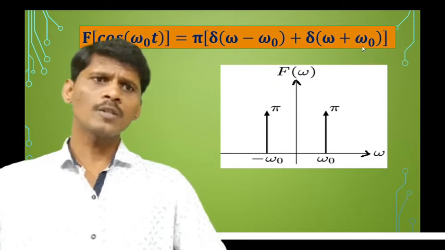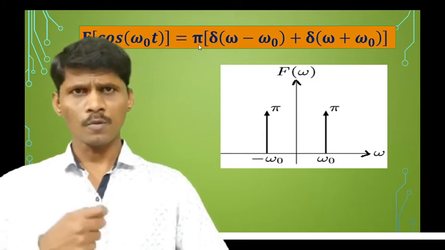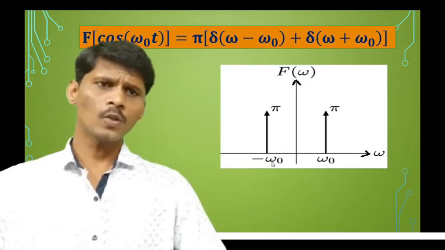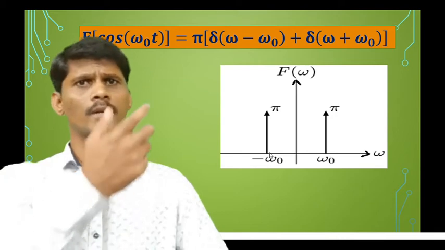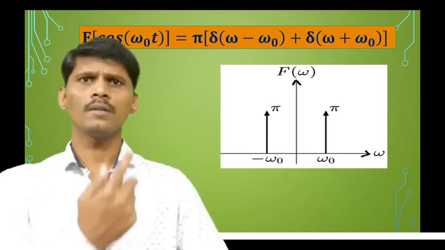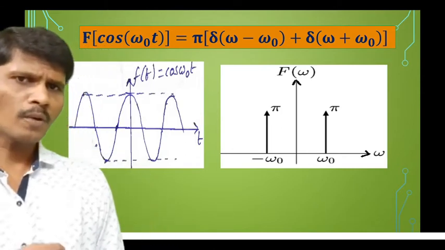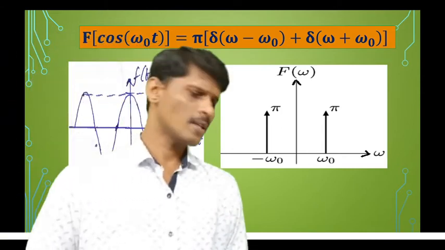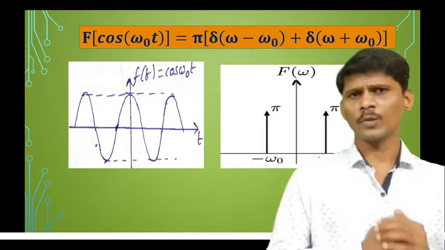At omega equal to minus omega naught the magnitude is also plus pi, and the impulse is represented by an upward direction. So this is the magnitude spectrum of the Fourier transform of the given signal f of t equal to cos omega naught t.